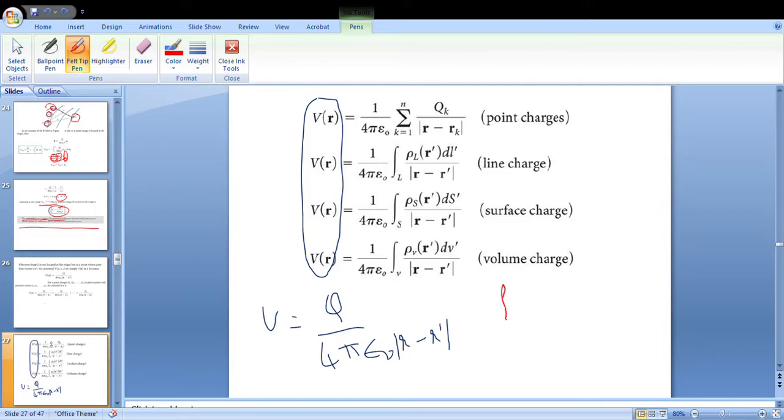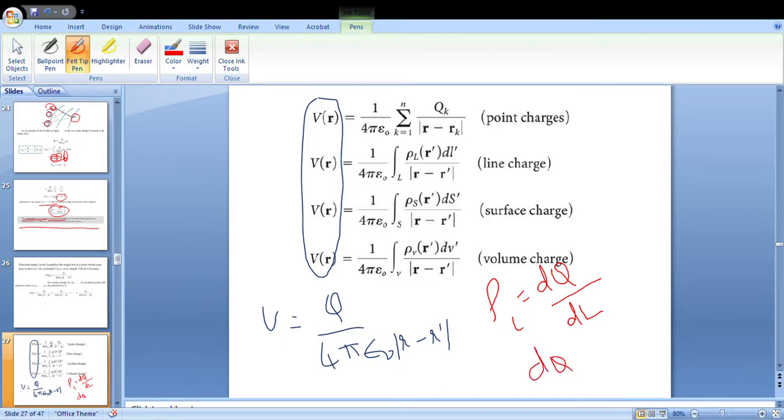We know that rho L is equal to Q by L, right? Rho S is equal to Q by surface area.